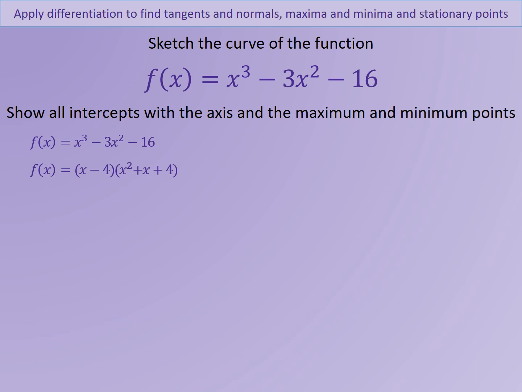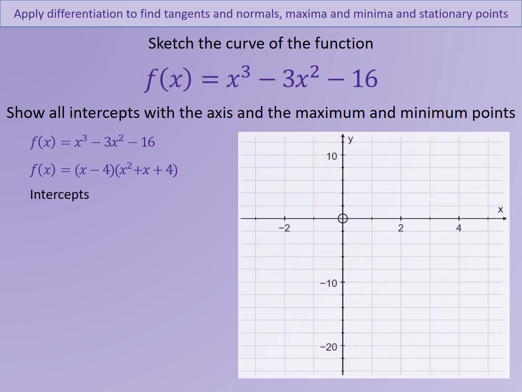So x minus 4 is a factor, and the resulting quadratic from that factor is x squared plus x plus 4. Now, one thing to notice about that resulting quadratic is that the discriminant is less than 0. So these are all words, expressions, and phrases that we've covered in previous lessons.